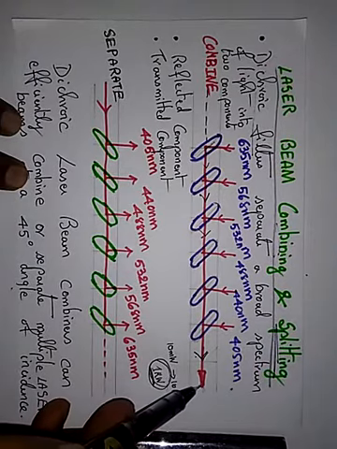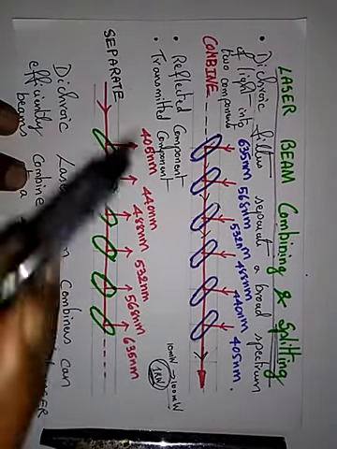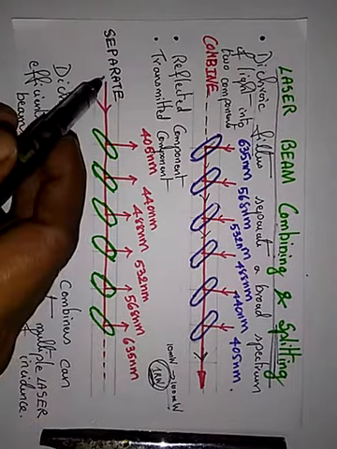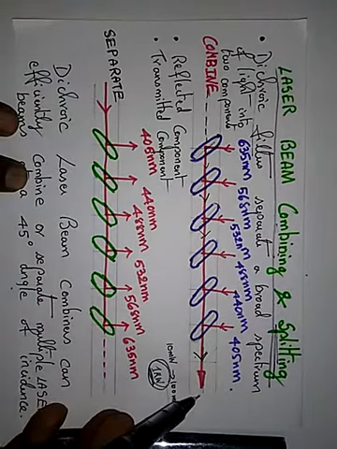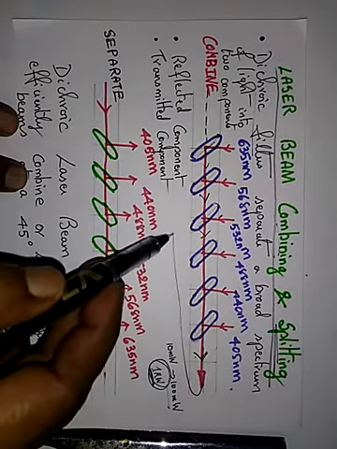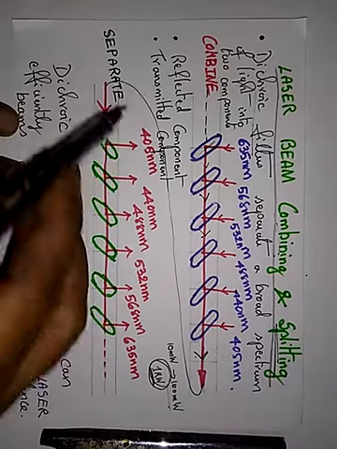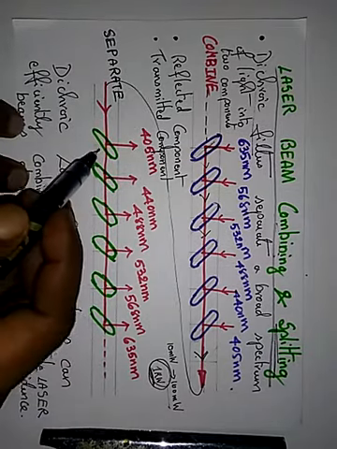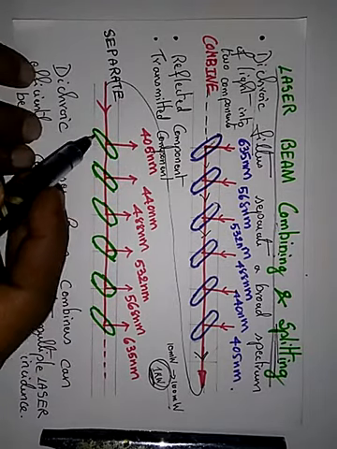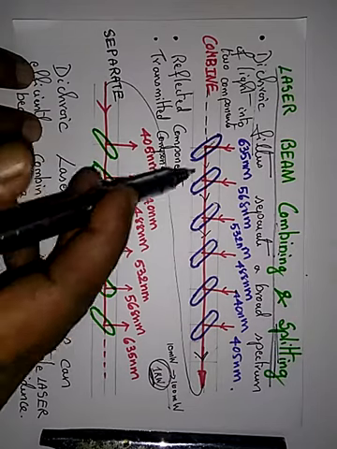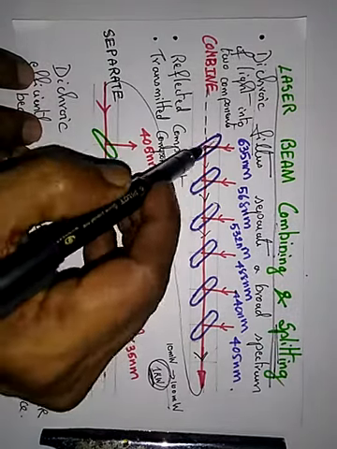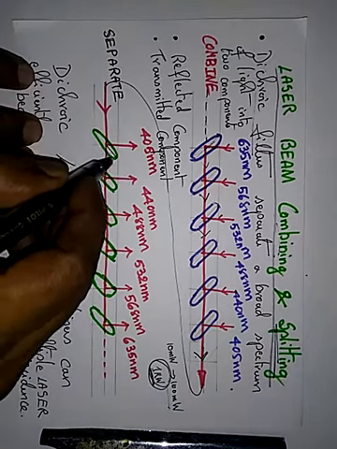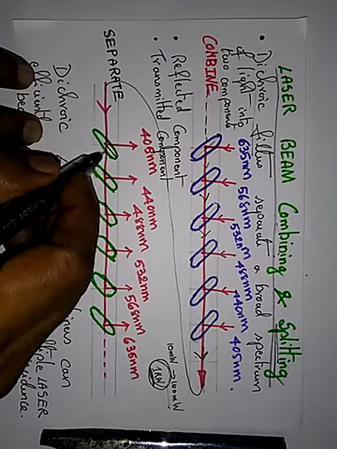Now suppose this output is connected here, it's only an example I am telling you, and you arrange the same dichroic filters in the other direction. So now it is 45 degree this way, 45 degree with respect to the path.